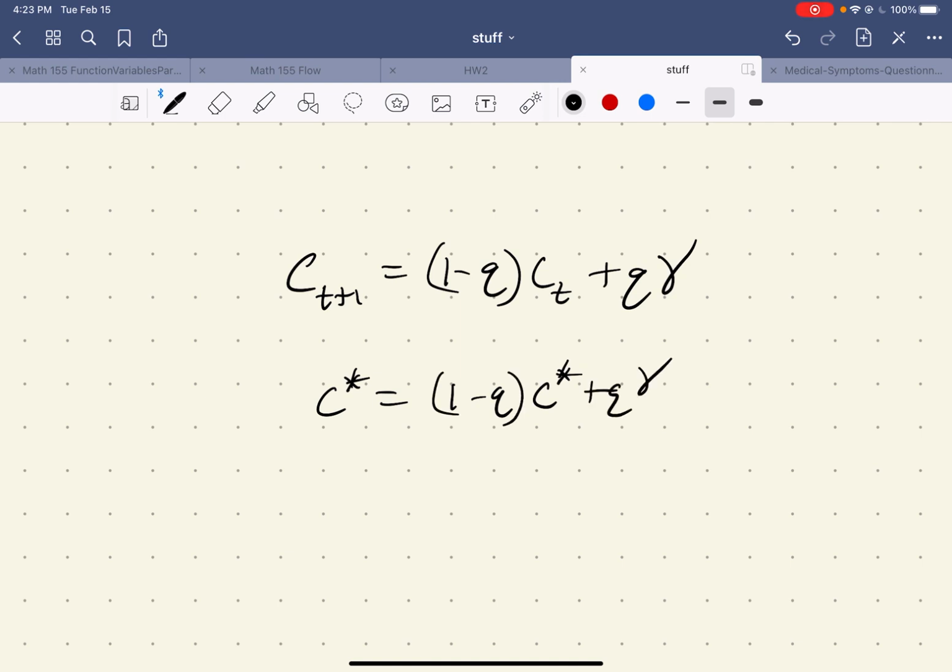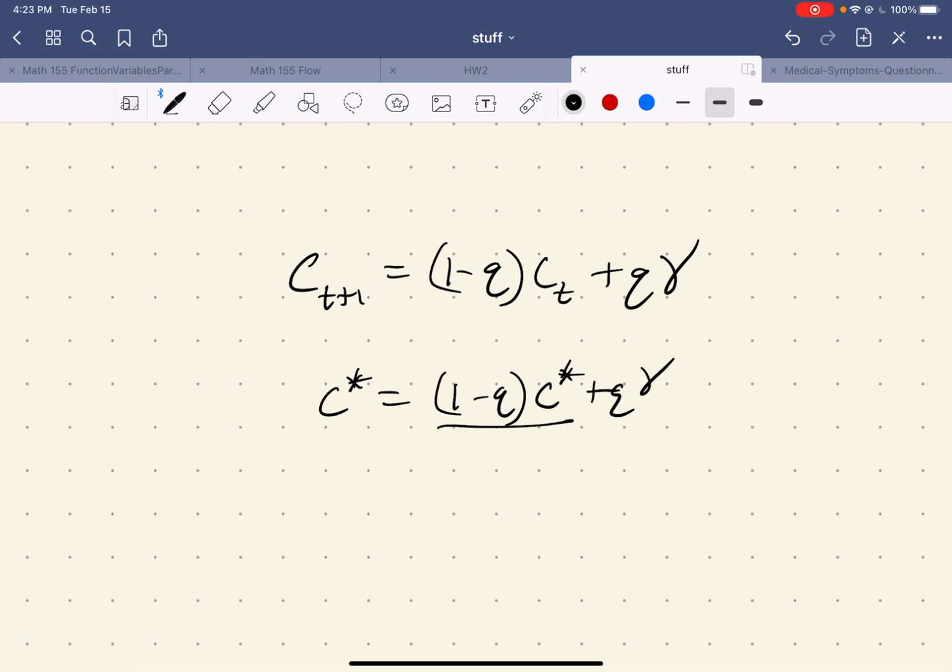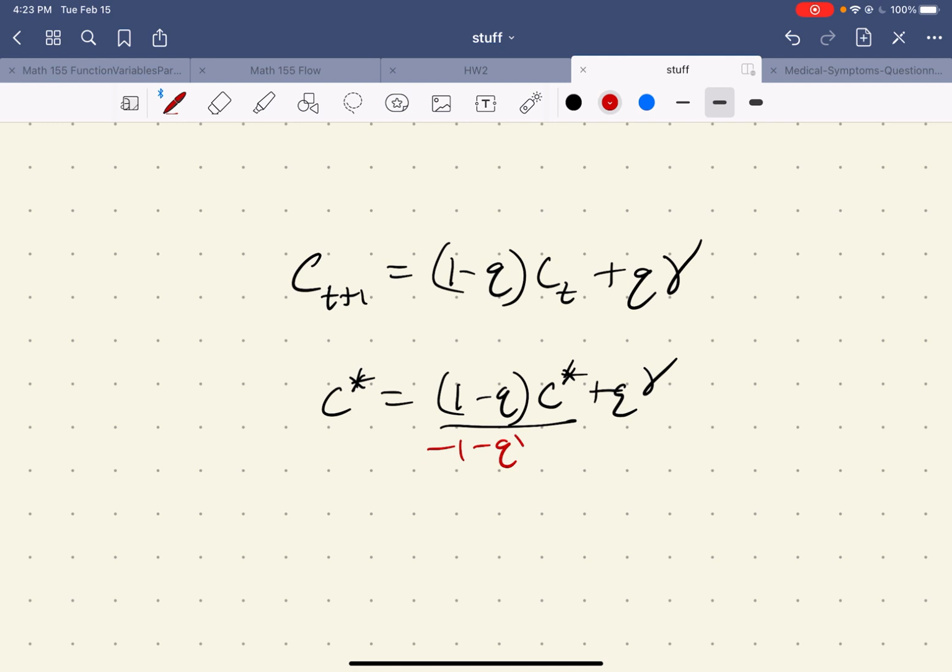And I should get all of the variables that I'm trying to solve for to one side. So let's go ahead and subtract (1 minus q) C star from both sides. Now this is going to look a little funny, so we'll write it out in steps. I'm going to distribute this negative one. So I have minus 1, and I want to distribute the C star.